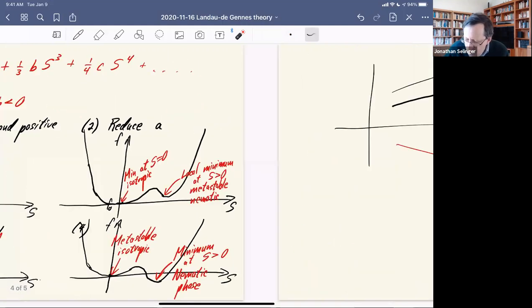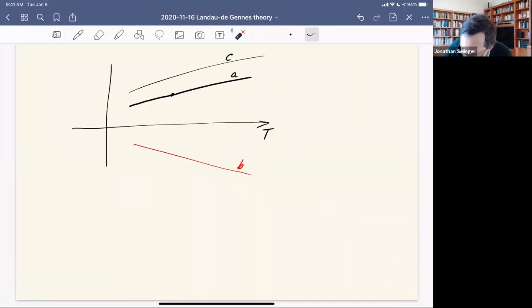It's a certain positive value. So that would be here. So we could say that right here at this value of A, this is the value for the isotropic nematic transition.